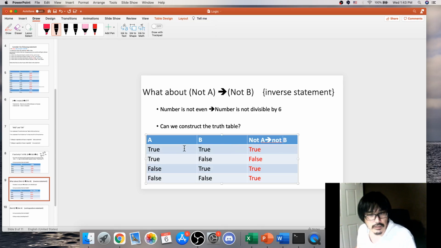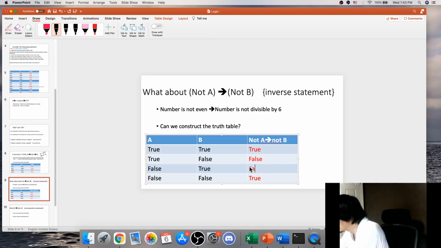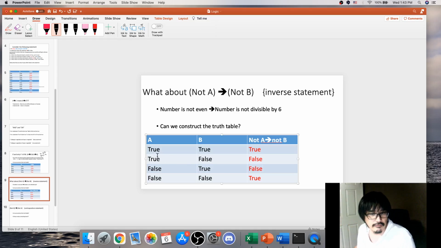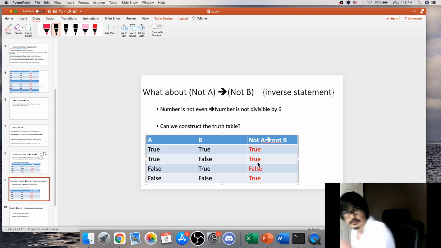If A is false, then B has to be false. So in this particular case, this one is true, right? And then if A is false, B has to be false, but it's showing that B is true. So for this particular case, it's false. And then if A is true, there is nothing to prove, so these become true. So true, true, false, true.